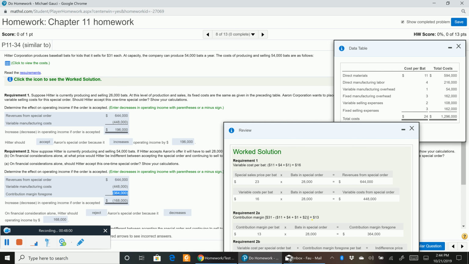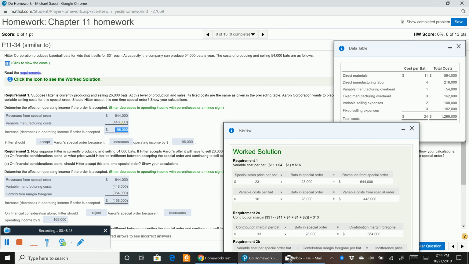If you do the math, our contribution margin per bat in our regular customers is $13. If you take $13 and we lose the ability to sell 28,000 bats to our regular customers, we would lose $364,000 in contribution margin.